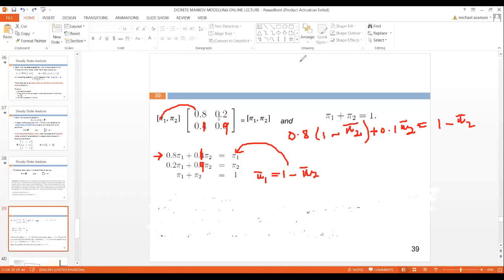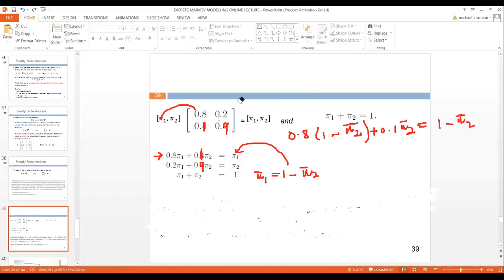Okay, what are we getting? Just a second. So please, pi 2 is equal to 0.666.